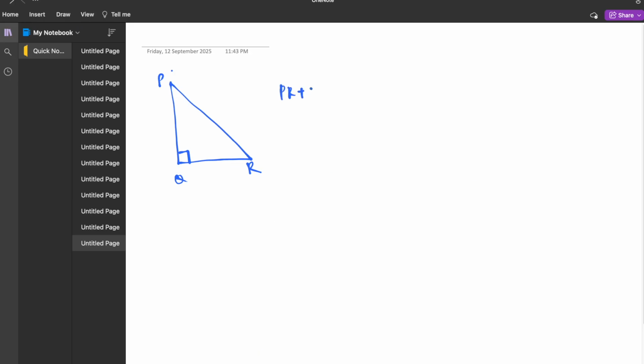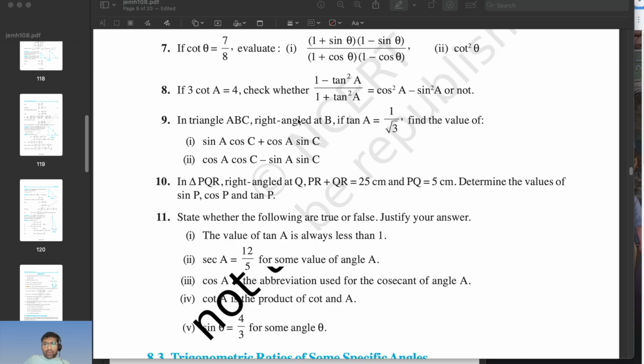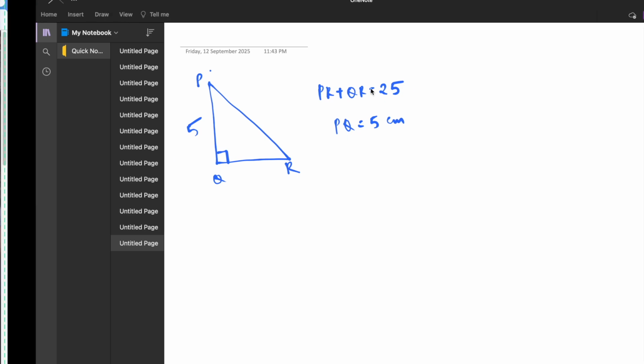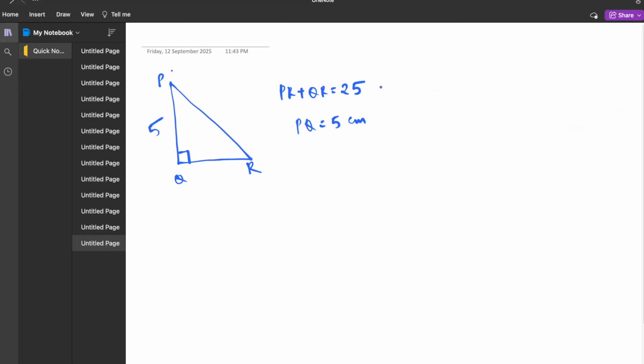PR plus QR is equal to 25, and PQ is 5 centimeters. So PQ is 5, and PR plus QR is 25 centimeters.